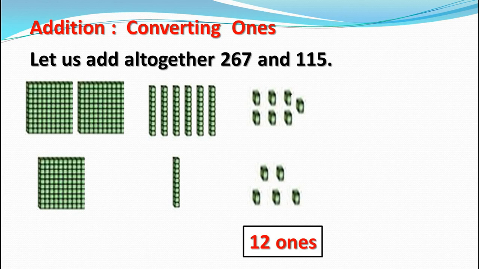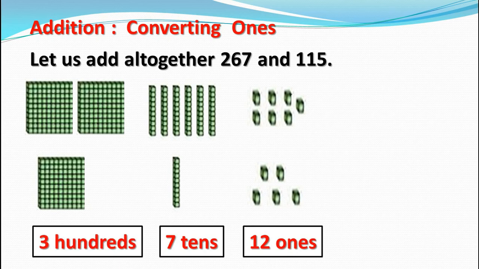So how many total tens are there? Yes, 7 tens. Now add hundreds. 200 boxes and 1 more 100 box. So there are a total of 300 boxes.